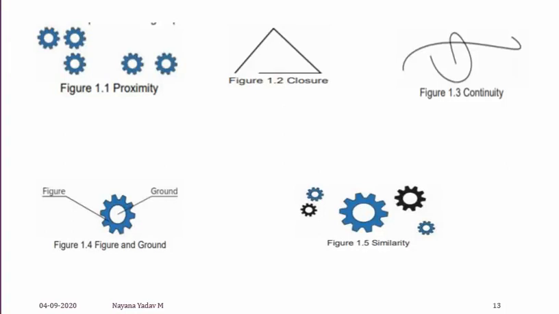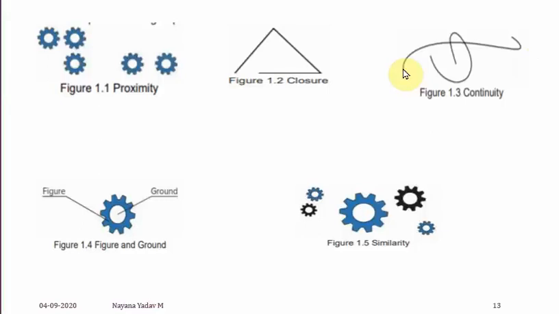So now we'll come to the next one, that is continuity. Continuity is, if we start from one end, you can see here you have two strokes, one is horizontal and one is a curled one. The user's eye follows in a continuous fashion on the perceived object. The perceived object here is a horizontal curve.